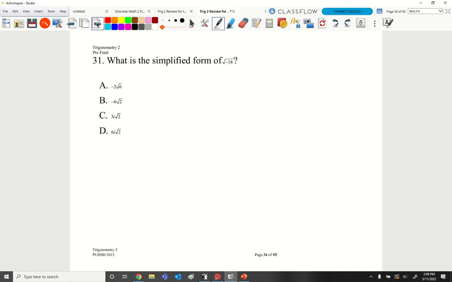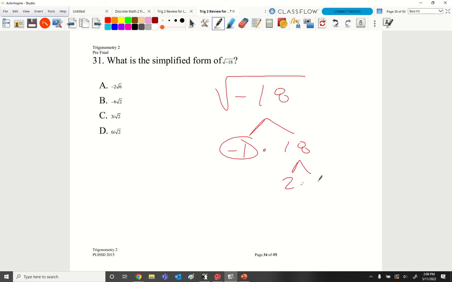Nine more. Now simplify this. What I'm gonna do is factor it. I'm gonna take this and make it bigger. This is from unit 8. What am I factoring out of this? Start with negative 1. Negative 1 times 18, and then 2 times 9, and then 3.